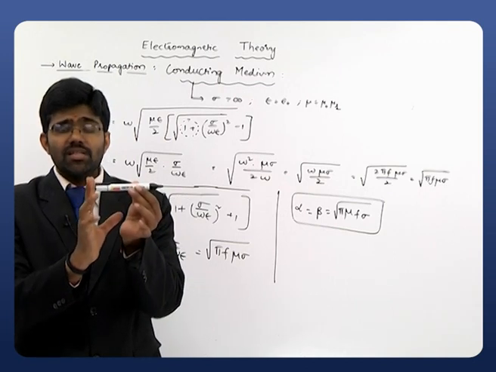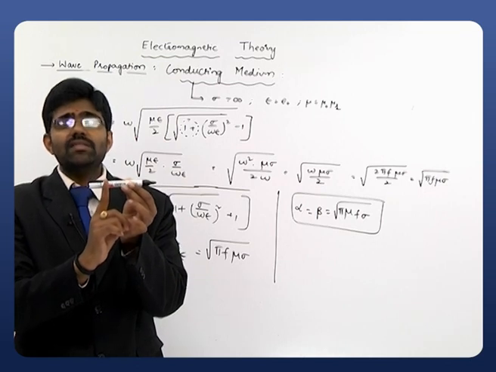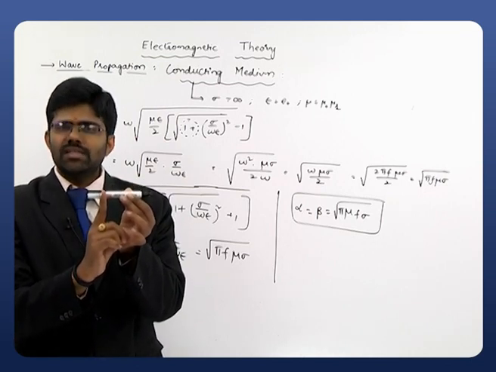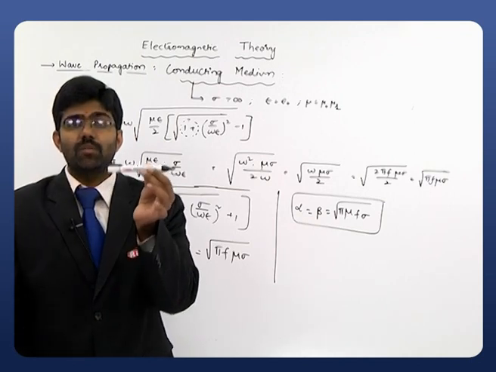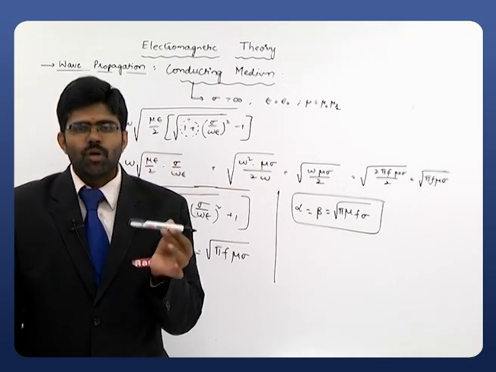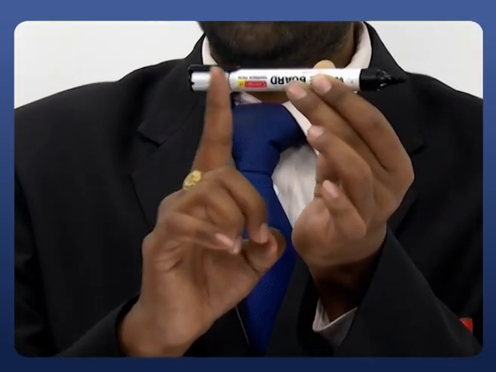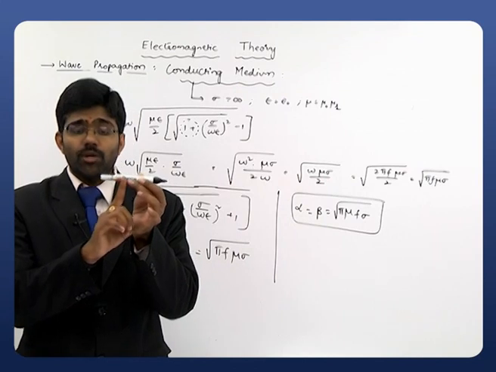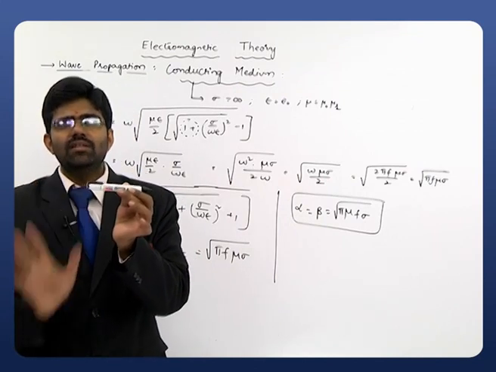How much distance a wave travels to attain 36.7, or approximately 37%, of its initial value is called the skin depth for that particular material. Once again, we apply a wave, and the distance it travels to attain 37% of its initial value can be treated as skin depth.